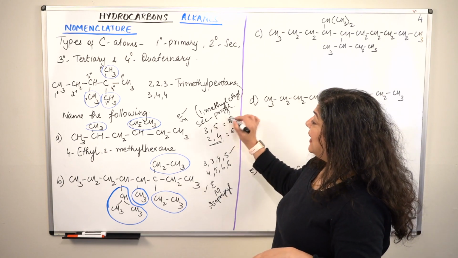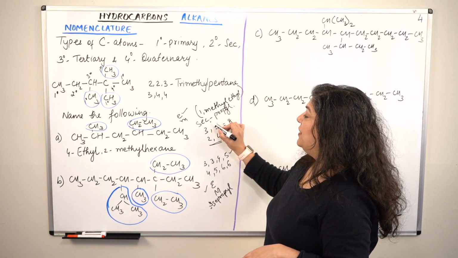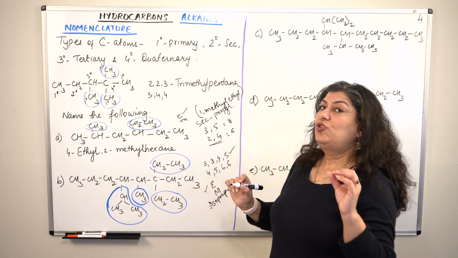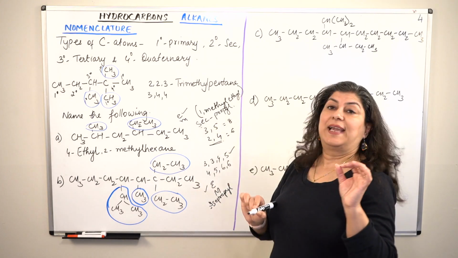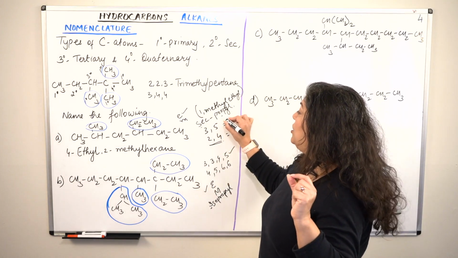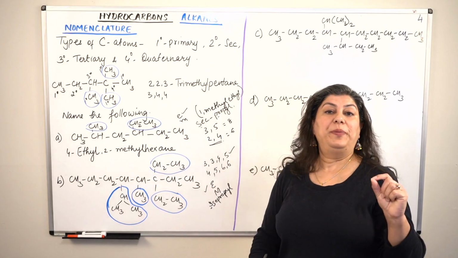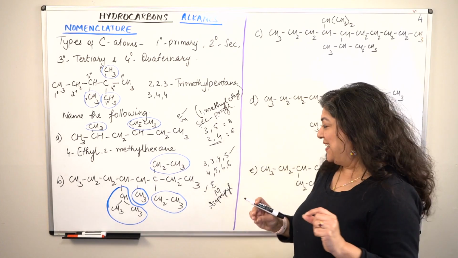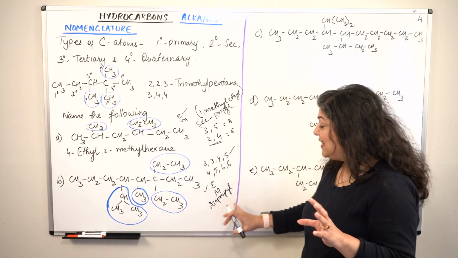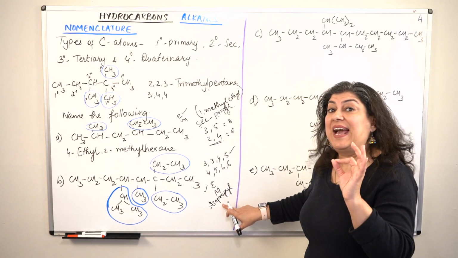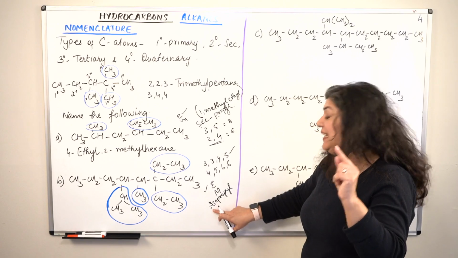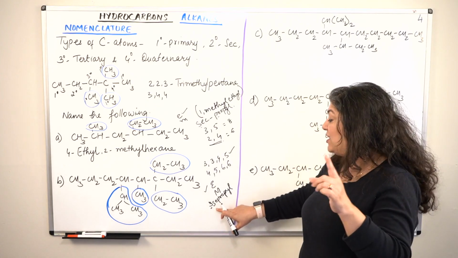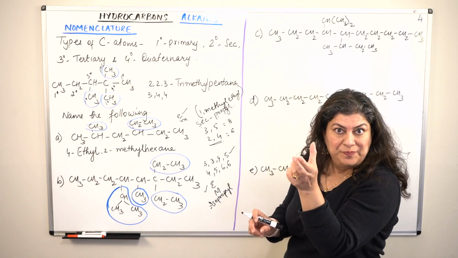If you're writing secondary propyl, there is a hyphen. You do not take the S of the secondary in the alphabetical order, you take the P of the propyl in the alphabetical order. I hope I'm clear. When you're writing isopropyl, we don't take P, we take I as the alphabetical order, because isopropyl becomes one word.